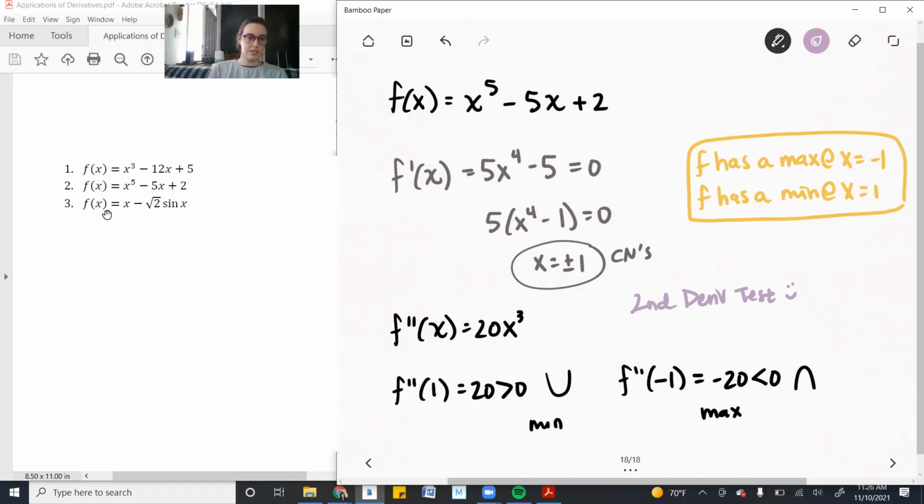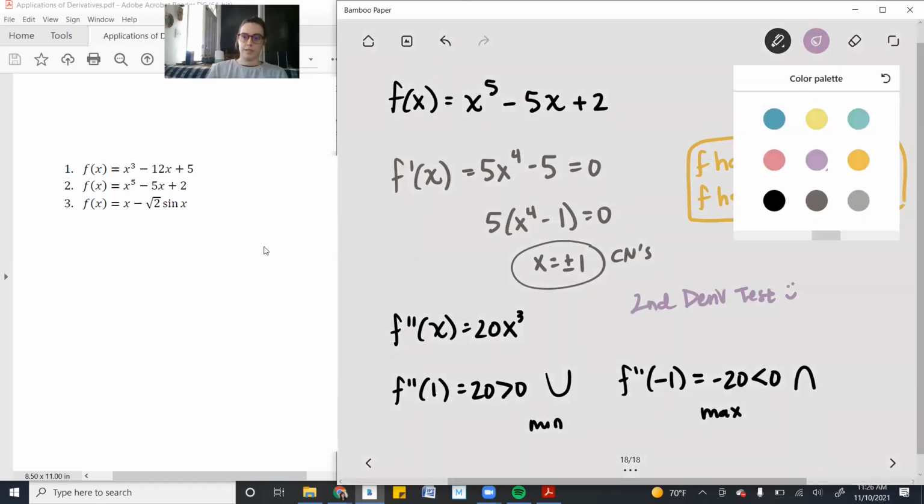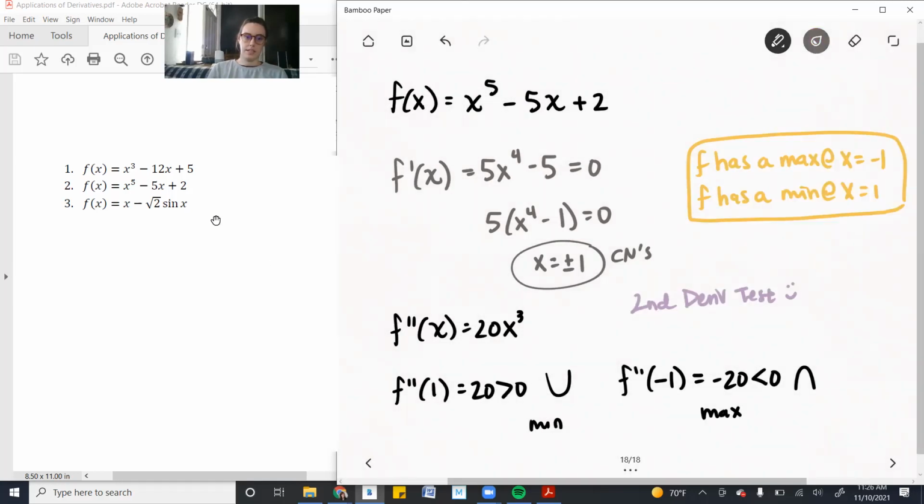All right, and then let's just do the last one. For simplicity's sake, I'm not going to explain everything. I'm just going to do my work, because this trig stuff I know can trip some of us up if we don't know our unit circle well, but I did explain it in class.